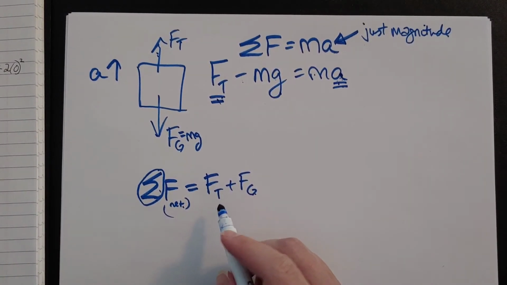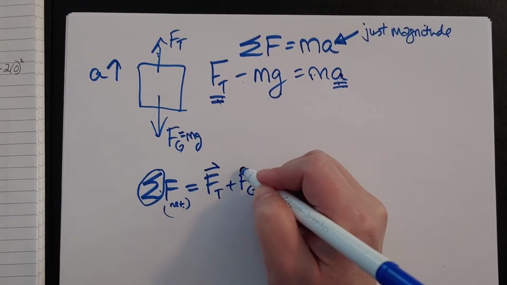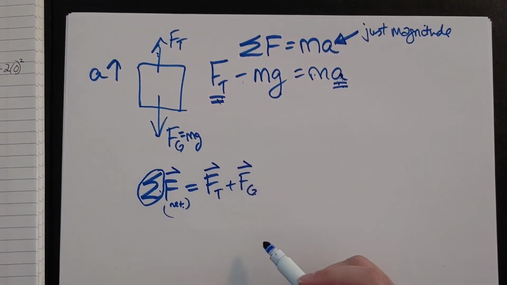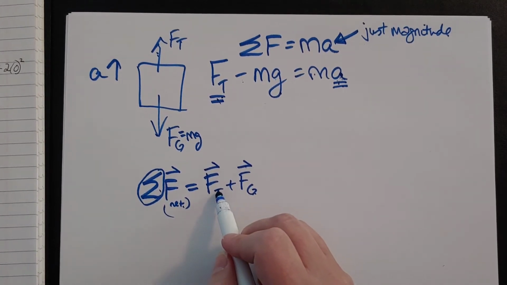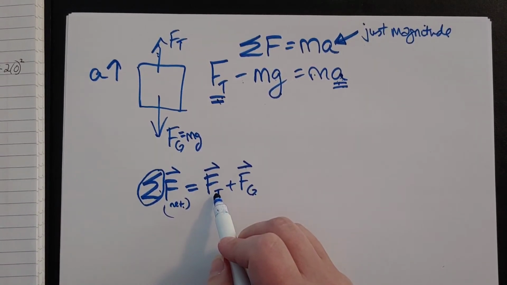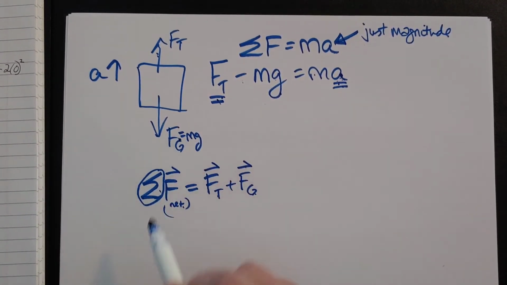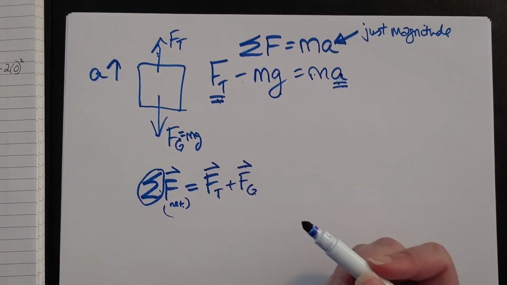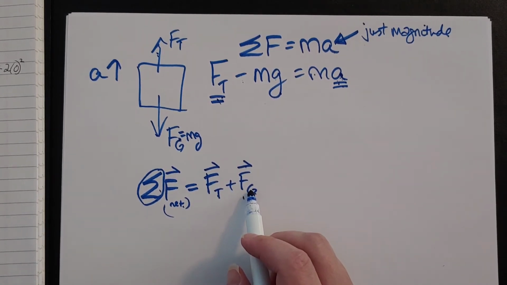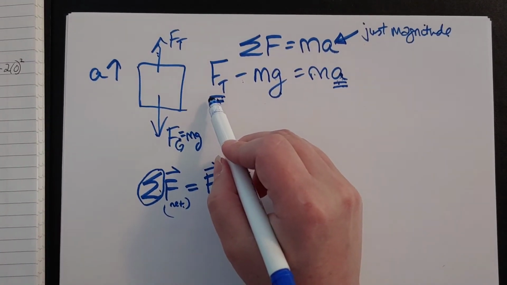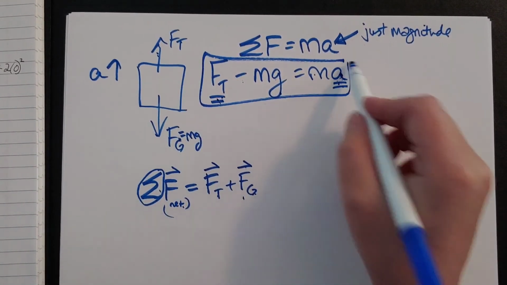This is only true if you are actually writing a vector equation, okay? If you do not have these vector signs, then Ft and Fg are the magnitudes of these. Magnitudes are always positive numbers, okay? This is just not a useful equation if you're actually going to do stuff, right? This is that useful equation.